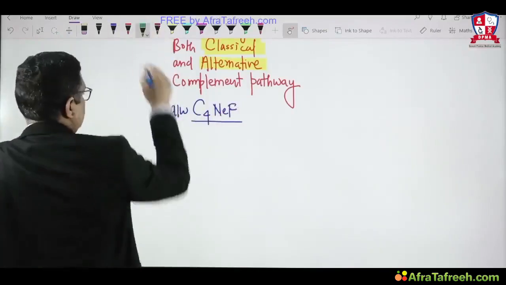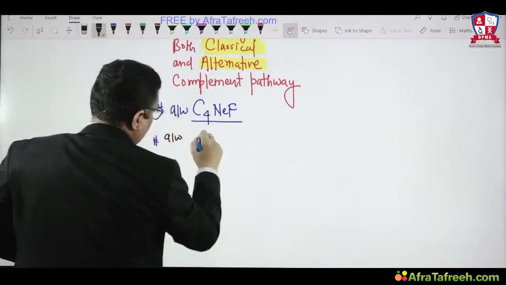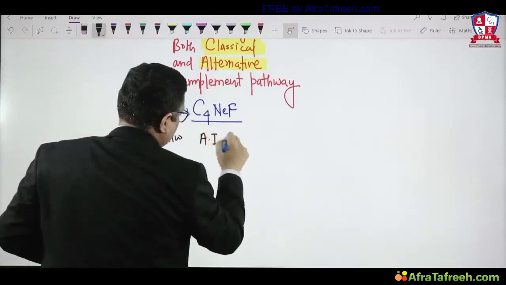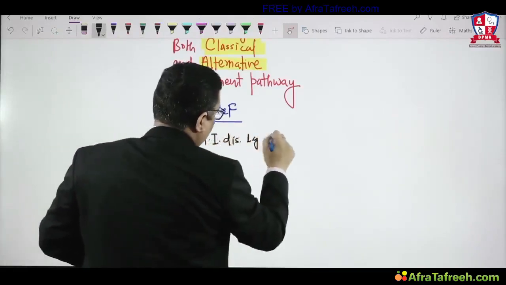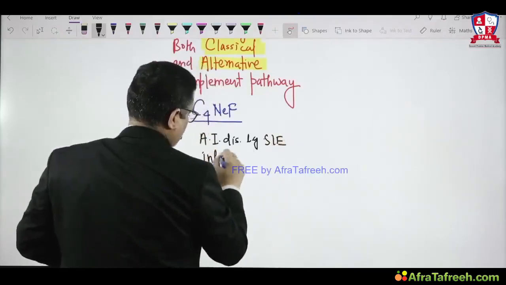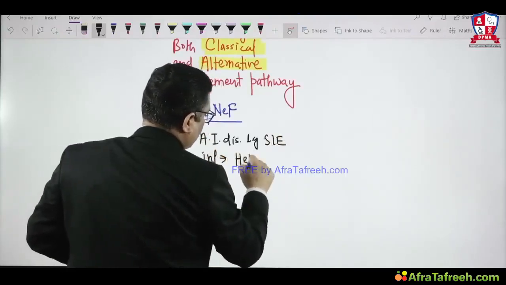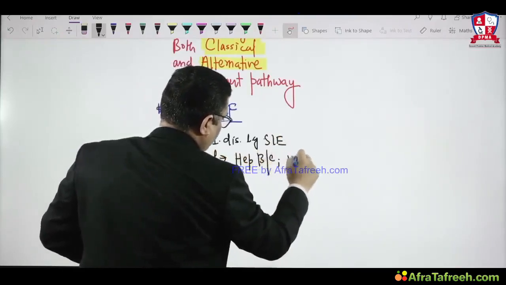What are the associations of type 1? They are associated with autoimmune disorders like SLE. They are associated with infections like hepatitis B, hepatitis C, or HIV.